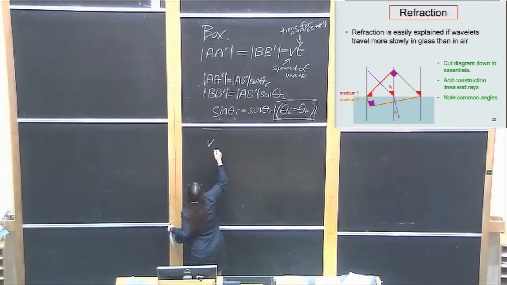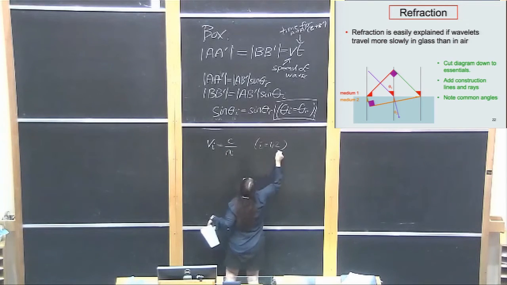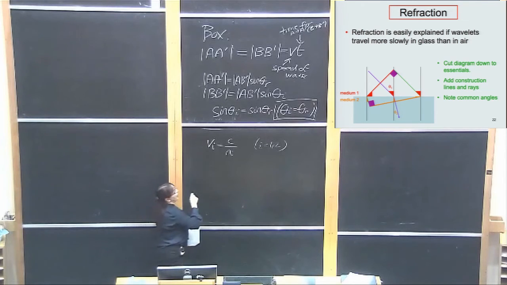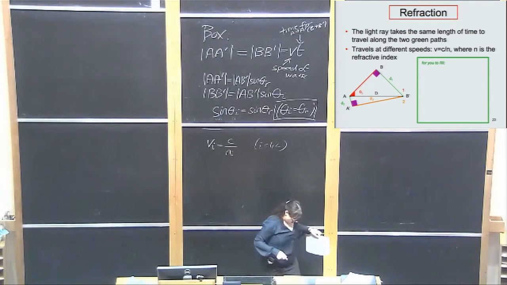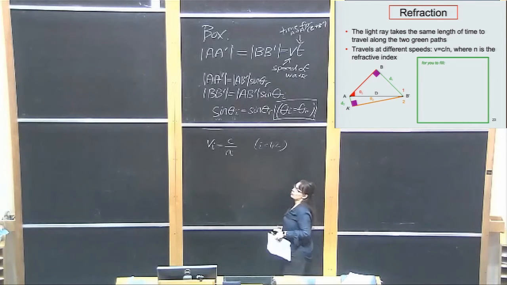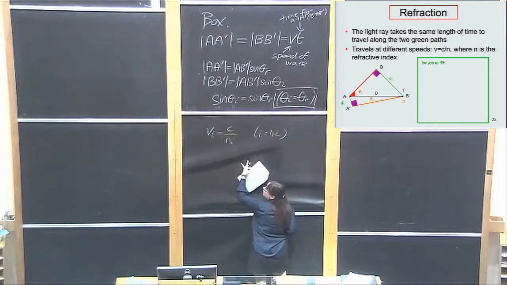Probably you've seen this before, but in general, in a medium of refractive index n, the speed of the wave is given by c over n, where c is the speed of light in a vacuum. So c is the largest value of the speed of light you will ever see, and in any medium, it travels more slowly.